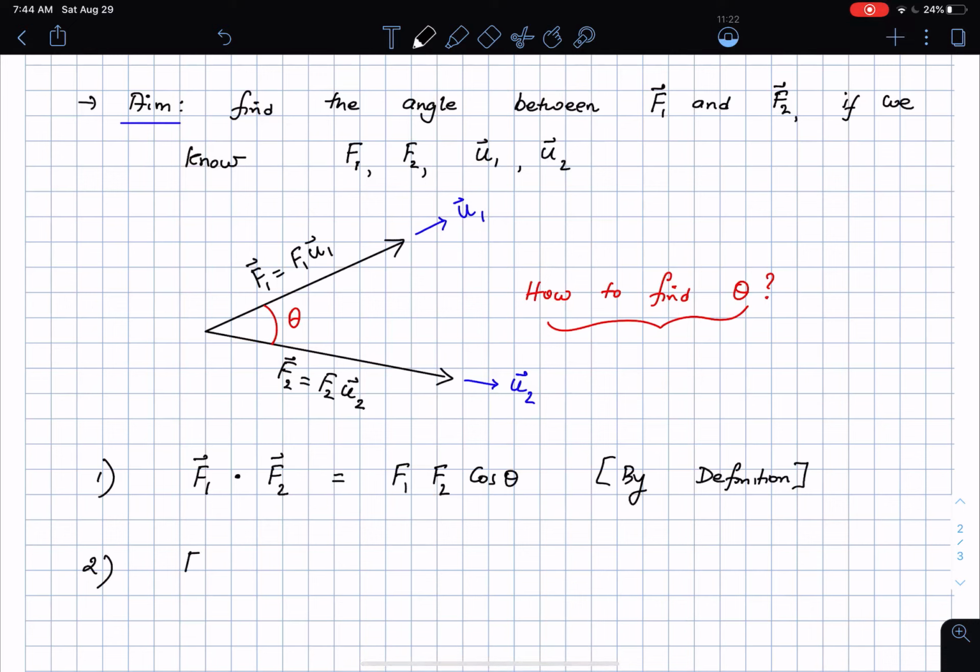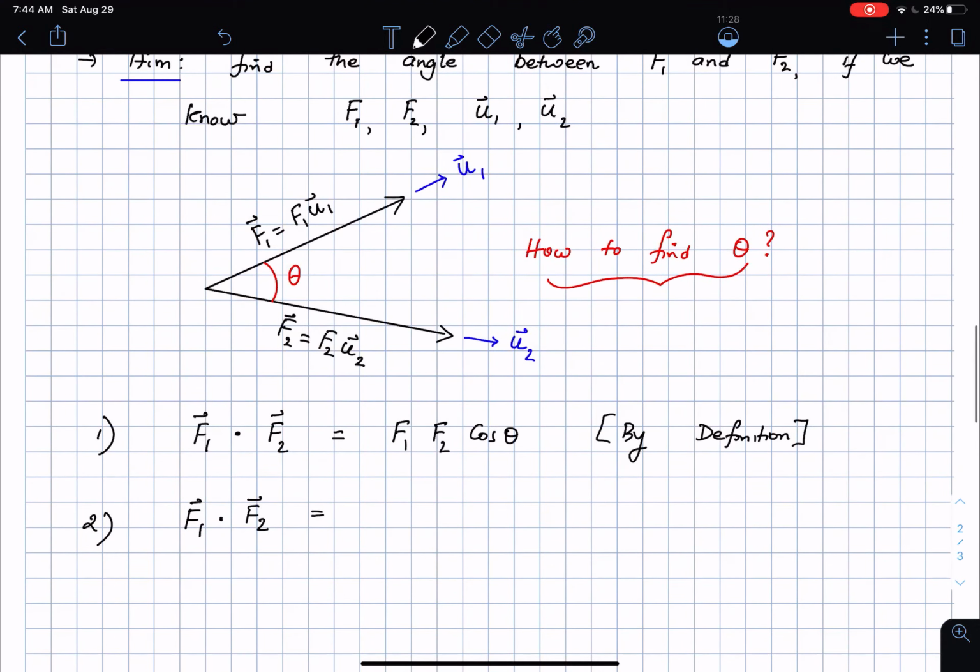Second step, I take the same thing, f1 dotted with f2. I can do the following. You see, the force f1 is its magnitude times its unit vector, dotted with the force f2, which is its magnitude times its unit vector.